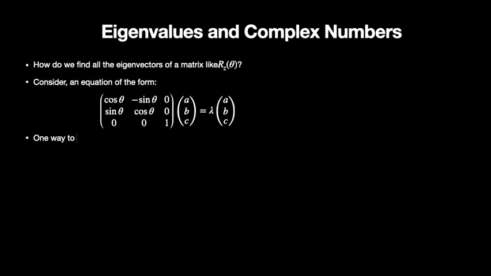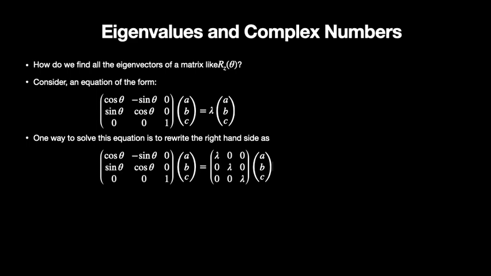Now how do I solve this equation? One of the ways is that instead of writing lambda as it is, let's assume that lambda is multiplying an identity matrix, because lambda is the same as lambda times an identity matrix, and since we are working in a 3 by 3 vector space, it's a 3 by 3 identity matrix.